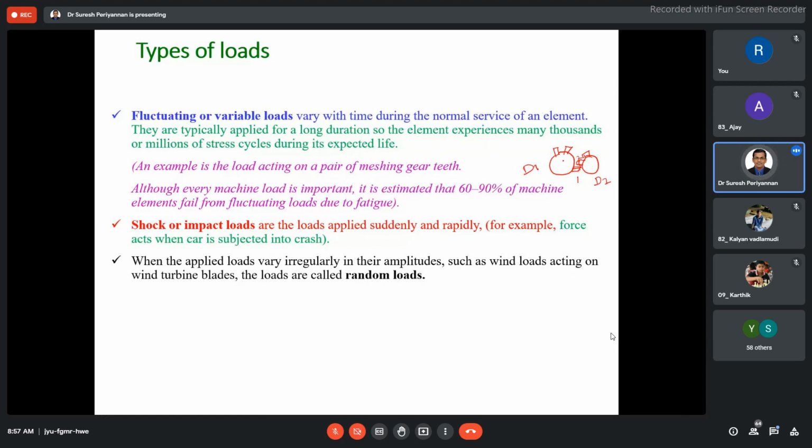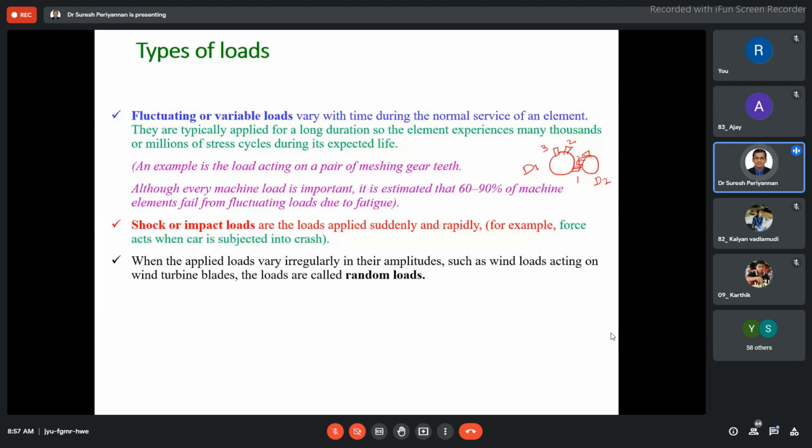When engaged, force and stress act on the tooth. When disengaged, it is free from stress. Based on the speed of the shaft, the number of cycles per minute can be counted.